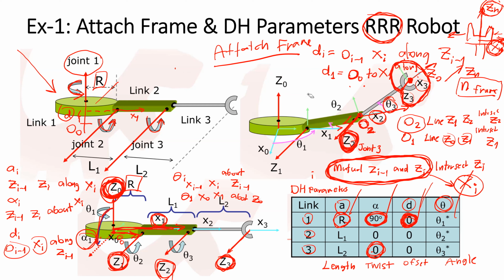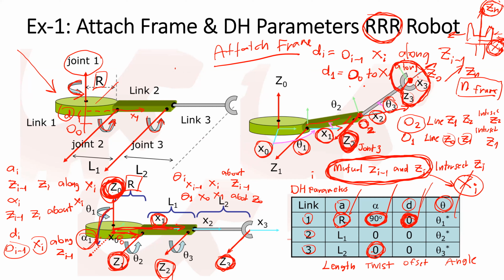In the beginning, before the robot rotates, it may point the arm in this direction. But when it rotates with the angle theta 1, it changes the direction of the x1 away from the direction of the x0 with the theta that is driven by the actuator.